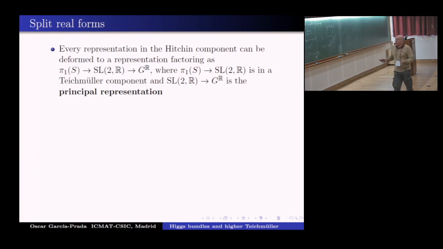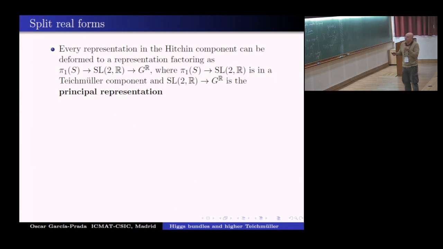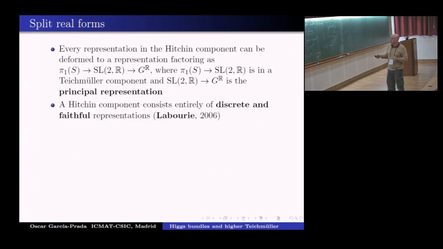So it's something in the Teichmüller component, and then composed with this principal representation that one always has for the split groups. Right? An irreducible representation of SL(2,R) into G_R, when G_R is split, okay? And so in a sense, what happens is that any representation deforms to something which is really in the usual Teichmüller space, because it is a representation into the Teichmüller component of representations in SL(2,R). But of course, that deforms to a whole moduli space that has the right dimension, and higher dimension.